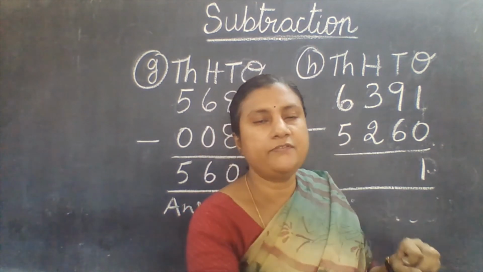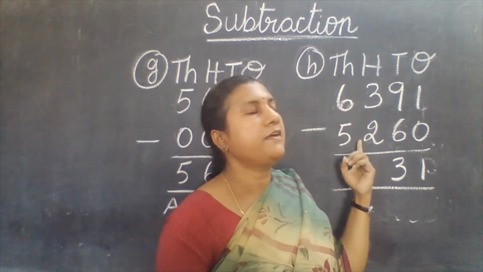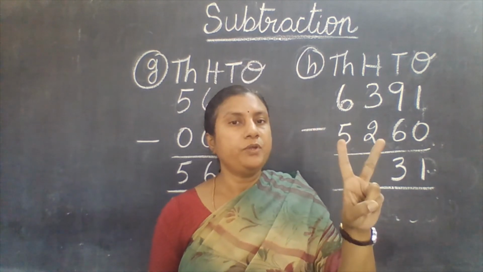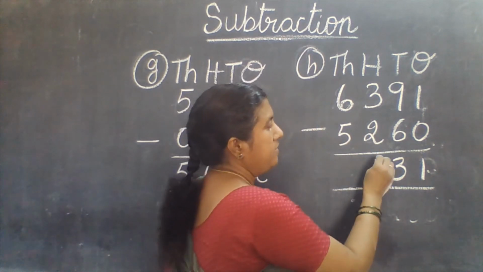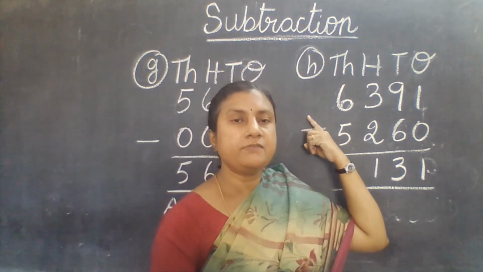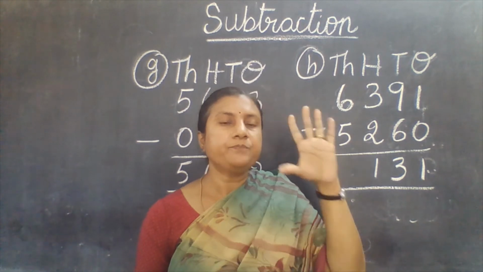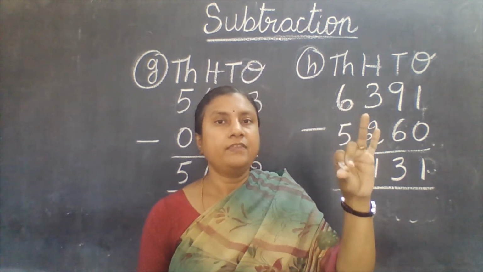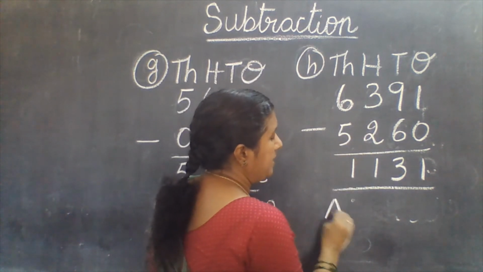So what is the difference? Yes, 3. In hundreds place, we have 3 and 2 to subtract. So 3 in your mind, 2 in your fingers. Before 3: 2, 1. What is the difference? 1. In thousands place, we have 6 and 5 to subtract. So 6 in your mind, 5 in your fingers. Before 6: 5, 4, 3, 2, 1. What is the difference? 1. So what is the answer?